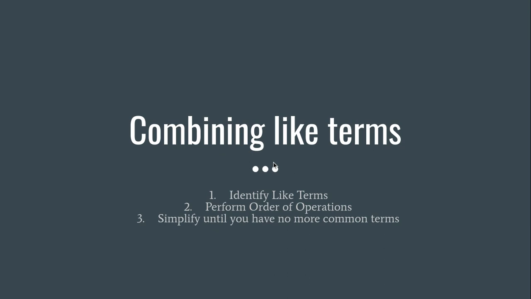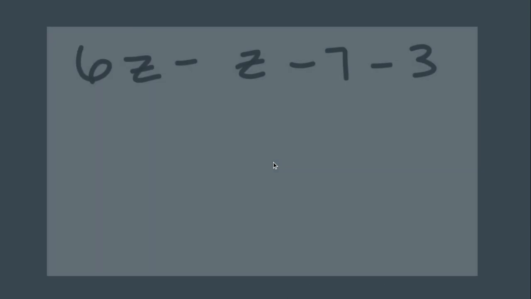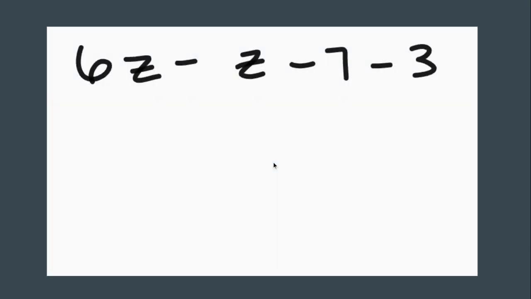Here you're going to identify your like terms, perform your order of operations, and simplify until you have no more common terms to combine. So here, as you can see, we have 6z minus z minus 7 minus 3. Here we have 2 different kinds of terms.